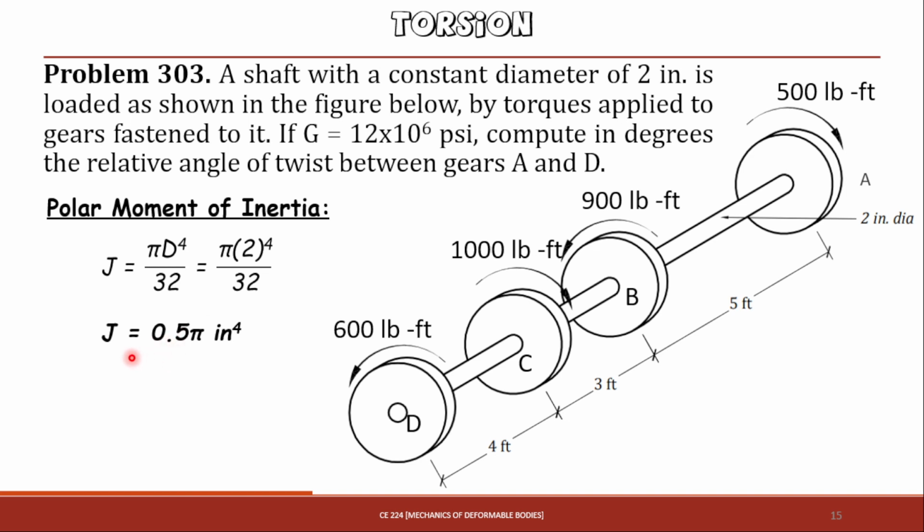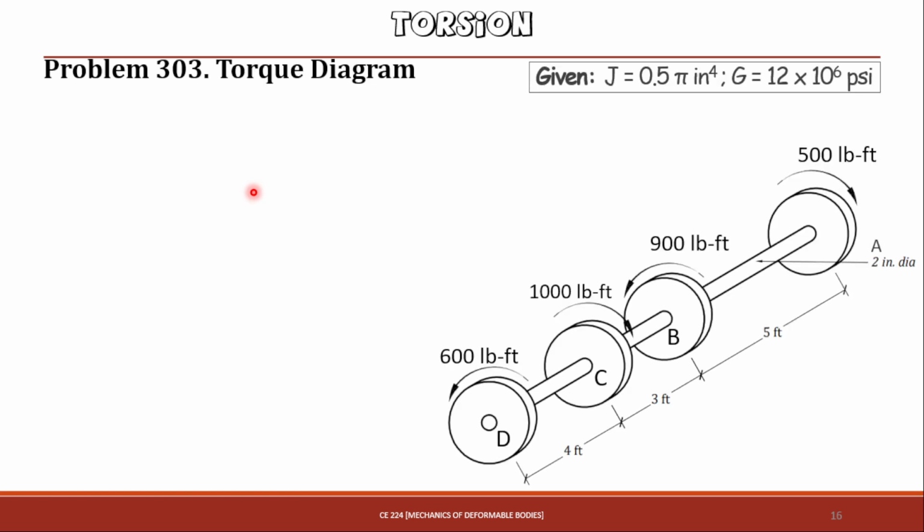So, this is now yung polar moment of inertia natin. Okay lang? So, proceed tayo sa analysis natin dito sa ating figure bago natin ma-compute yung relative angle of twist. Okay? So, nakuha na natin yung polar moment of inertia, 0.5 pi inches to the 4th. Tapos, meron tayong given na modulus of rigidity. Let us draw first a torque diagram.